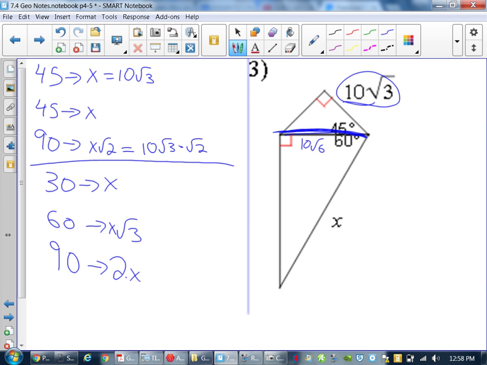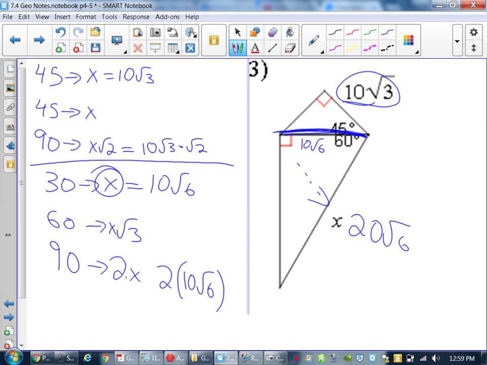I know that opposite my 30 is equal to 10 root 6, which means that is the value. I don't have to multiply, I don't have to divide. I'm trying to figure out what it is across from the 90. So if you double 10 root 6, what do you get? Well, that's 2 times 10 root 6. You're done.